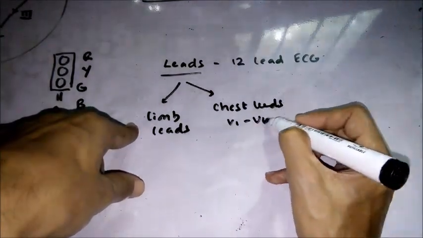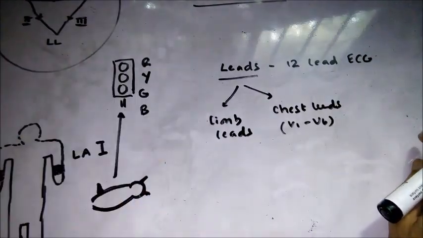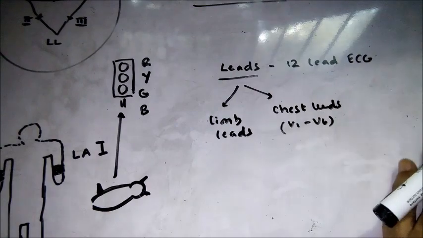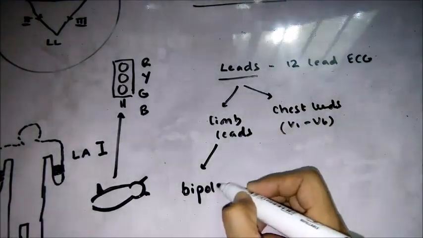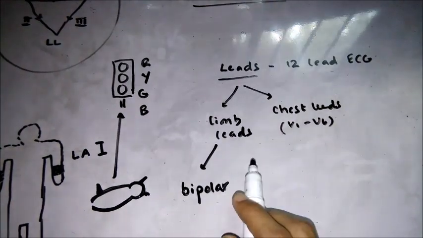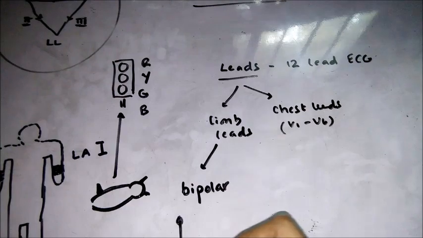V1 to V6. Now, when it comes to the limb leads, we've discussed 3 limb leads: lead 1, lead 2, lead 3. Right? These are known as the bipolar leads. Why are they called bipolar leads? Because they are giving us a recording between 2 poles.